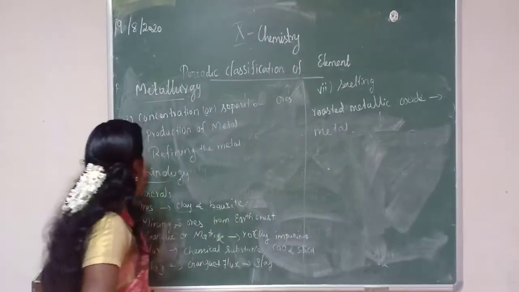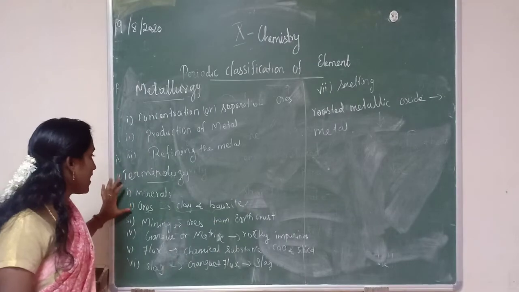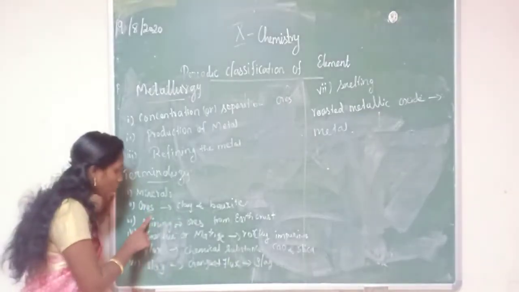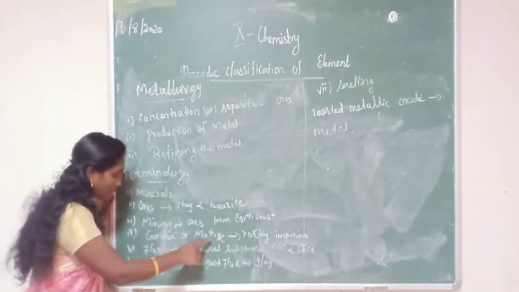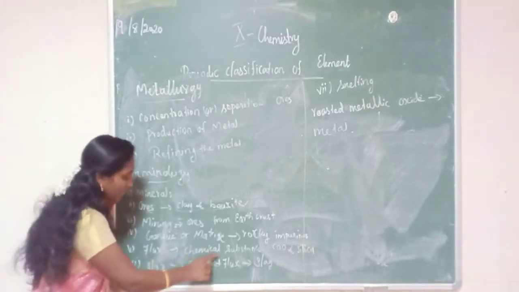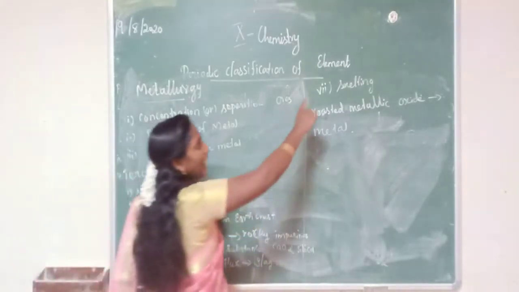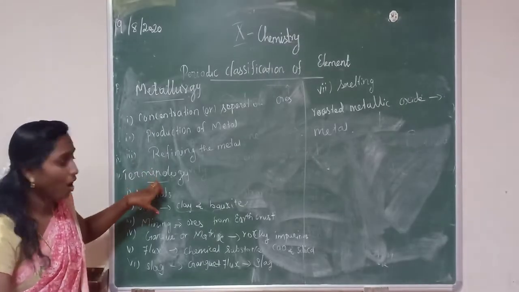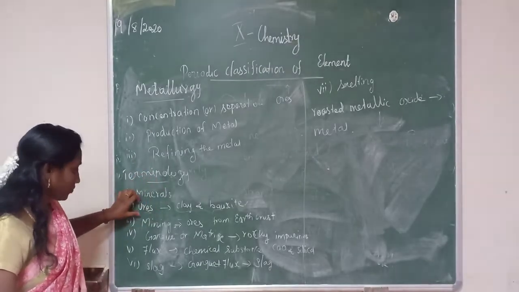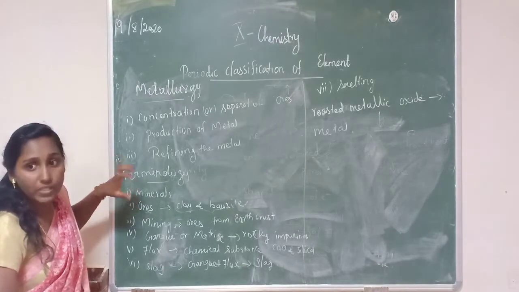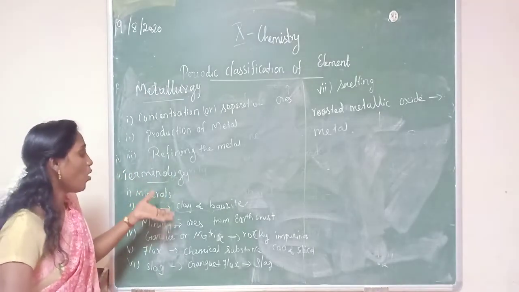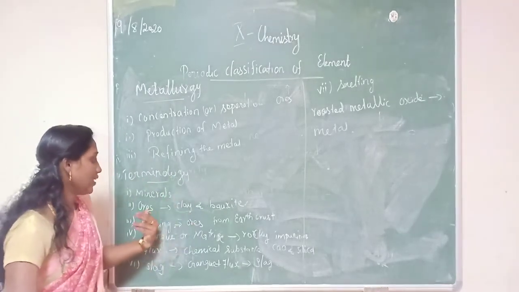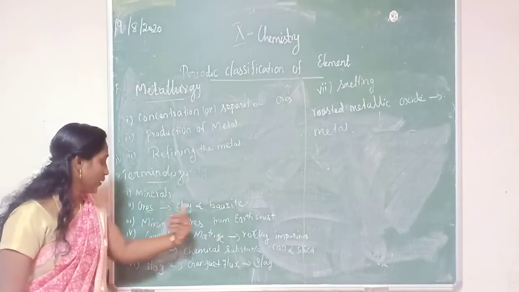So what are the terminologies in metallurgy? Minerals, ores, mining, gangue or matrix, flux, slag and smelting. Minerals means a single compound or complex mixture. Ores means the mineral which can give more metal. Example, clay and bauxite.